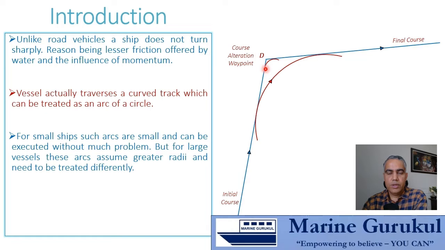Now for a large ship having a larger turning radius or a larger turning circle, the track on which the ship will be moving will be this one. So for larger ships, these arcs on which the ship moves when it is altering its course assume greater radii, and they need to be treated differently.